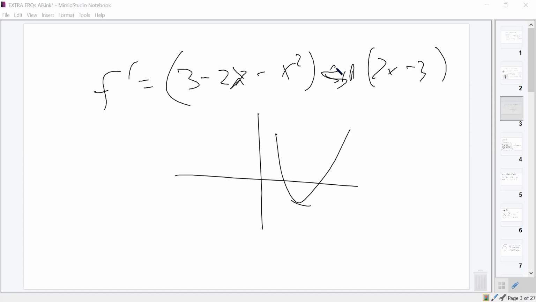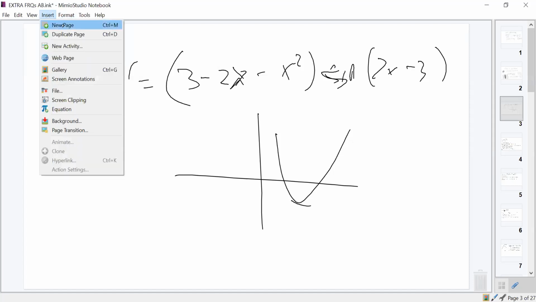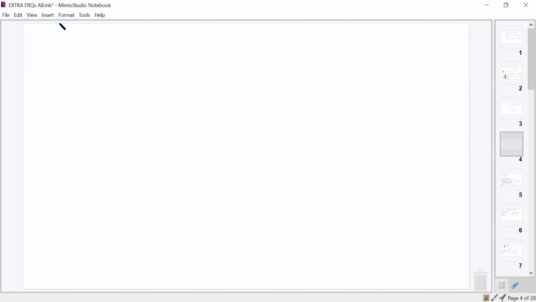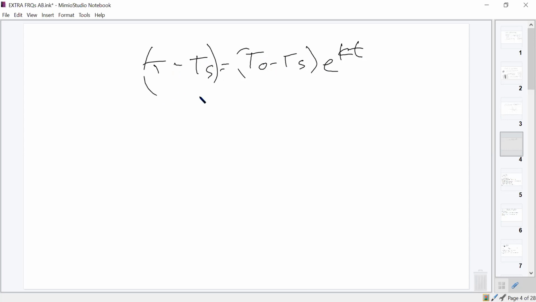So the equation for it, let's see if I can remember it off the top of my head, is the temperature minus the surrounding temperature equals the initial temperature minus the surrounding temperature, e to the kt, I believe. Anyway, that just comes from a differential equation. The only difference is that we've got the surrounding temperature versus the temperature of the actual thing.